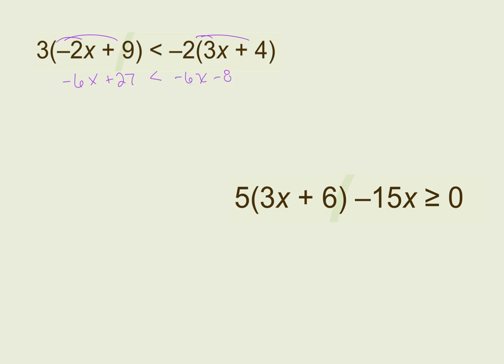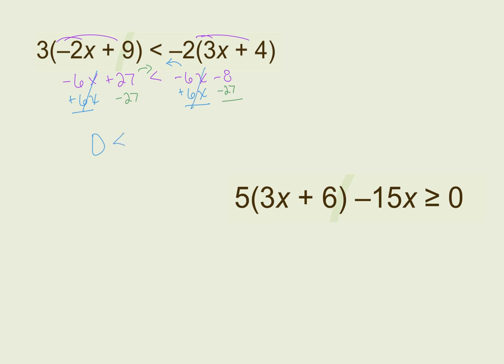What happens in these cases is as I move my variables to one side and I move my numbers to the other, I get 6x and negative 6x. Well, that is 0, and it has canceled out here.